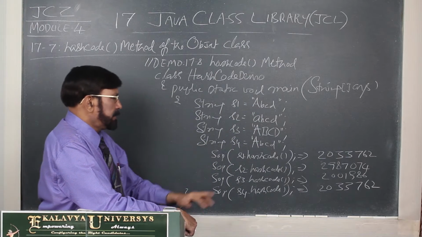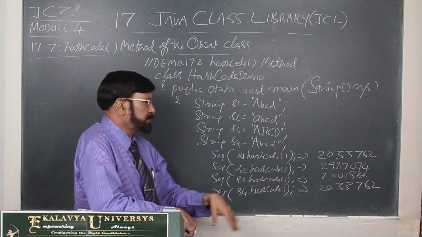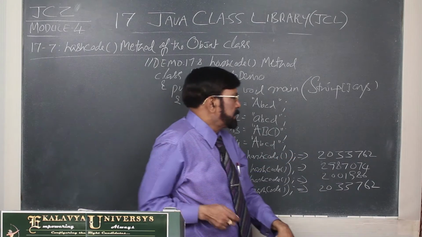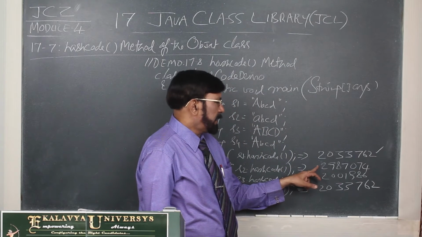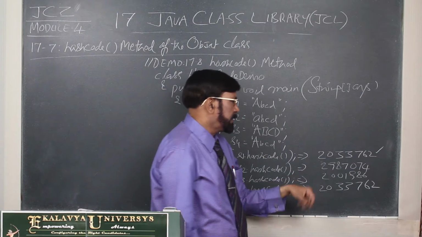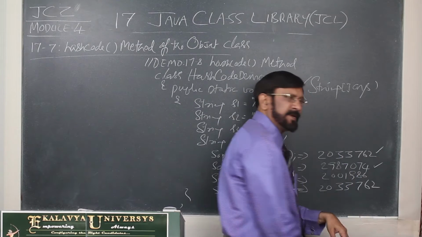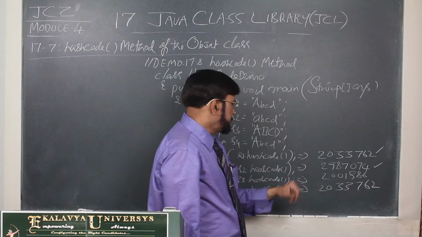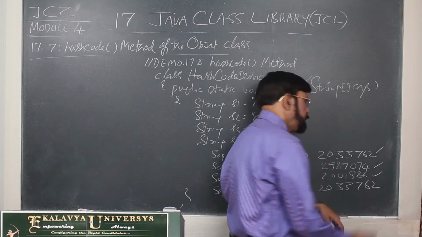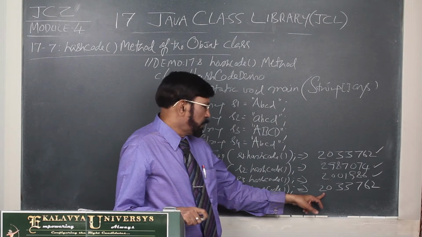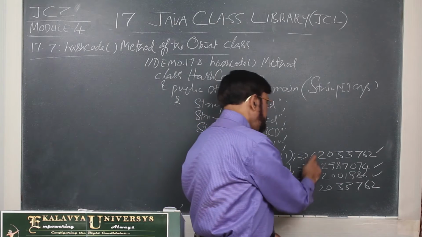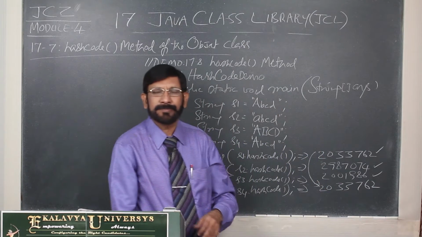Now, I am writing the corresponding hash codes. You see, one unique hash code is created, another unique hash code is created for this, and another for this. As far as the fourth one is concerned, the same hash code is repeated.